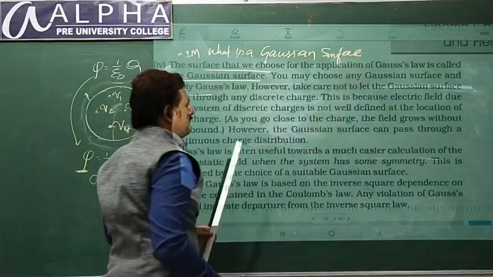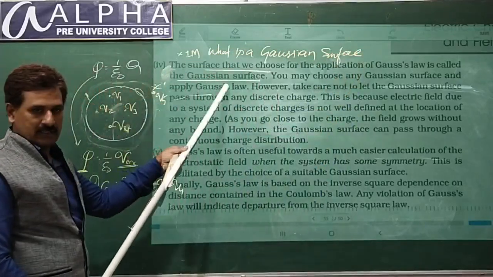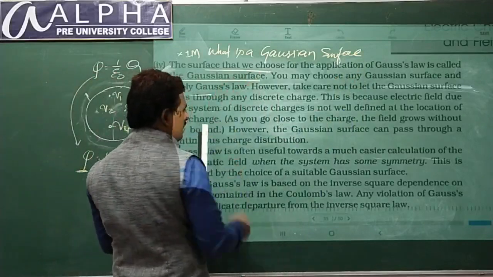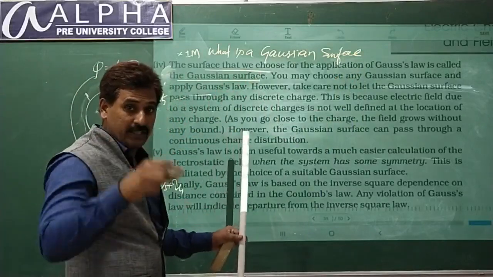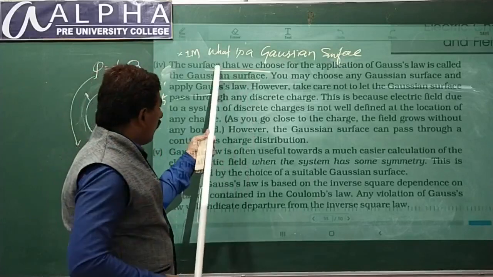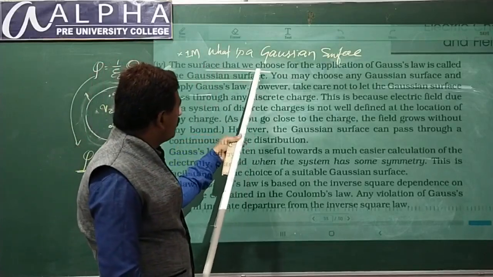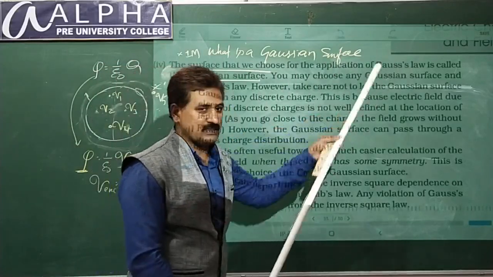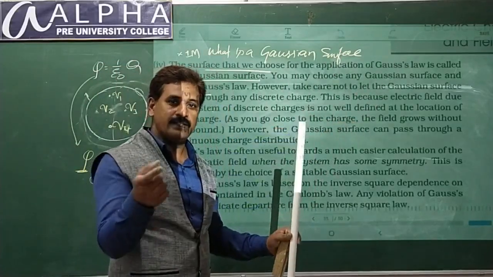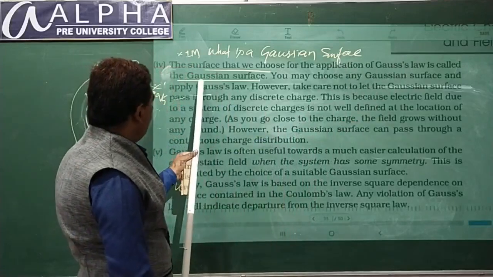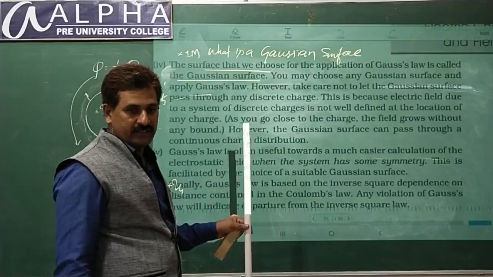The surface which is chosen to apply Gauss law, which encloses a charge. We can add one more word, which encloses a charge. I have given in my study material. See that is there. The same word, but one term extra. The surface that we choose for application of Gauss law, which encloses an amount of charges, is called Gaussian surface.